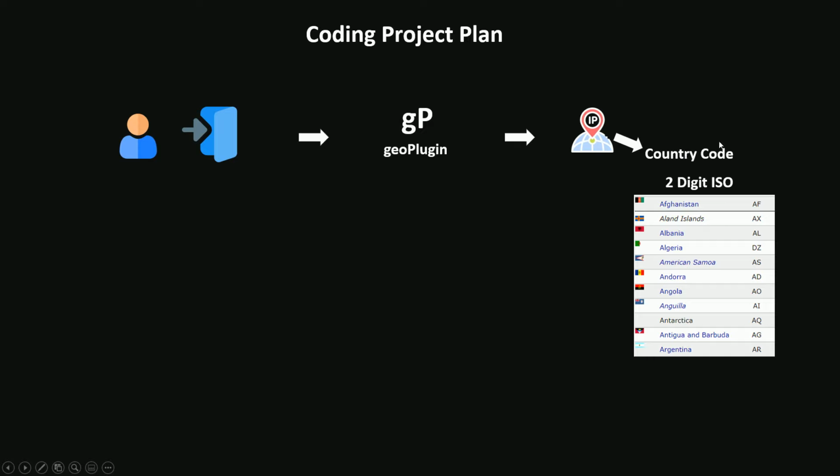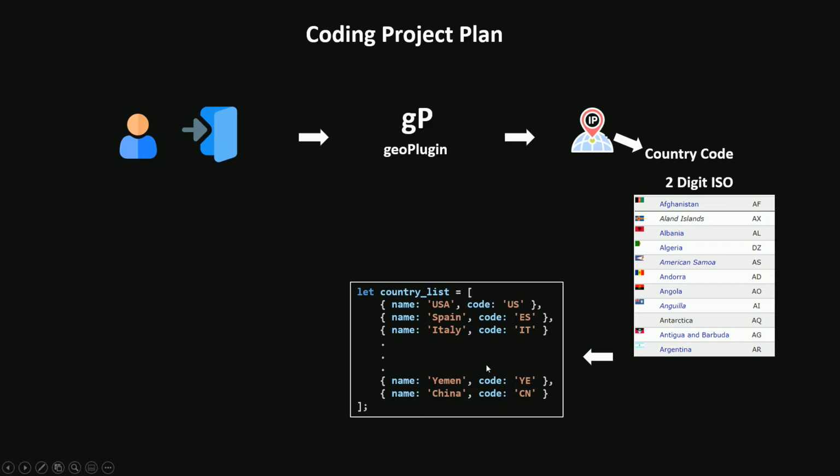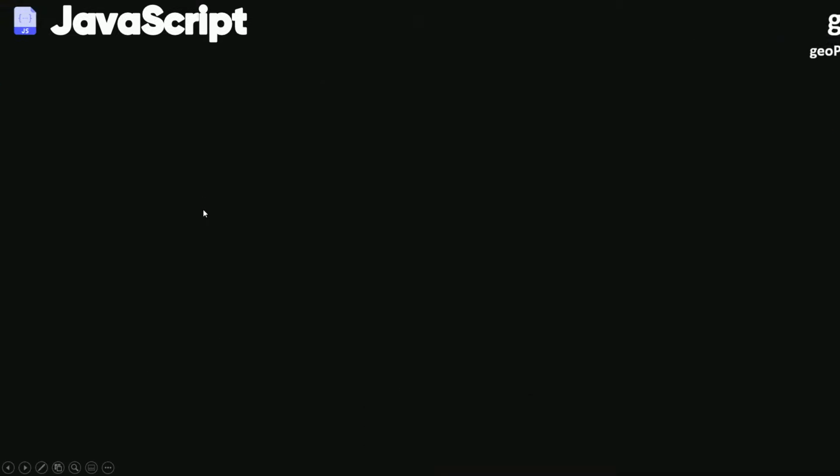So we're getting the country code of the user, and then we're going to use an array called country list to figure out the country name based on the country code. Now we will send the country name to an API and get all the statistics back to the user. Right, now this is how the GeoPlugin works.